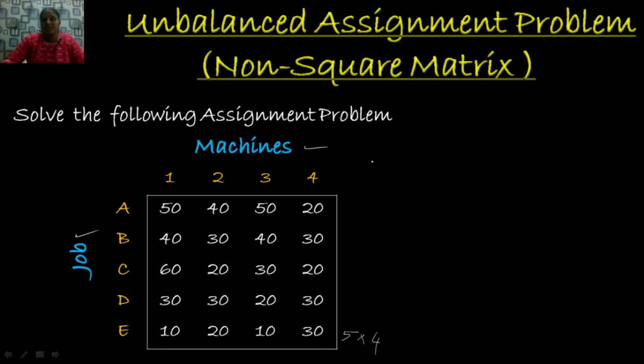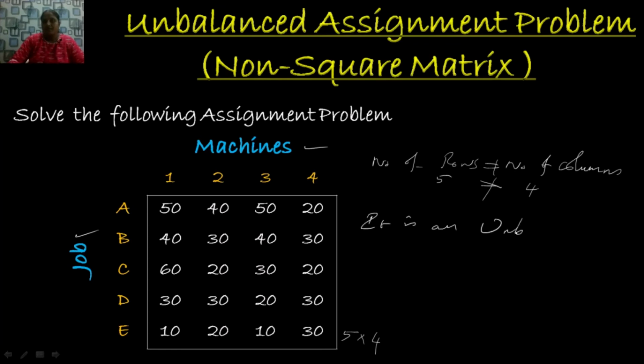So here the number of rows, which is 5, is not equal to the number of columns. Here the number of columns is 4. So if the number of rows is not equal to the number of columns, then it is an unbalanced assignment problem.